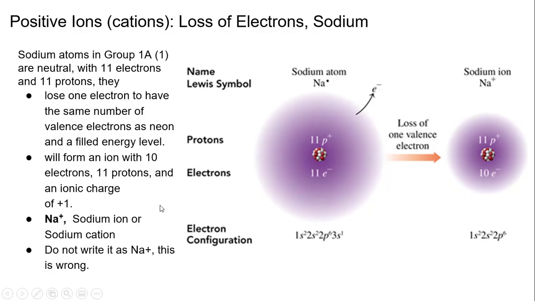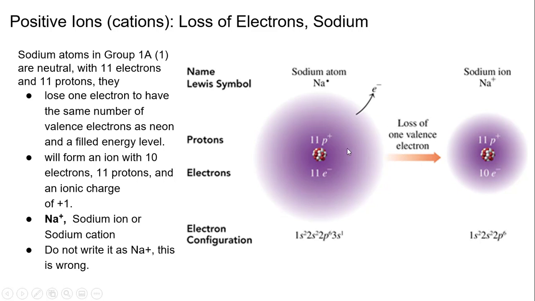So here is an overall of everything to help you understand. So this is sodium. Sodium's Lewis dot structure has 1 valence electron here, and it has 11 protons and 11 electrons. Here is the electron configuration for sodium, which is 11. If you add these up, it equals 11. What happens is that it will lose 1 valence electron because the group number is 1.